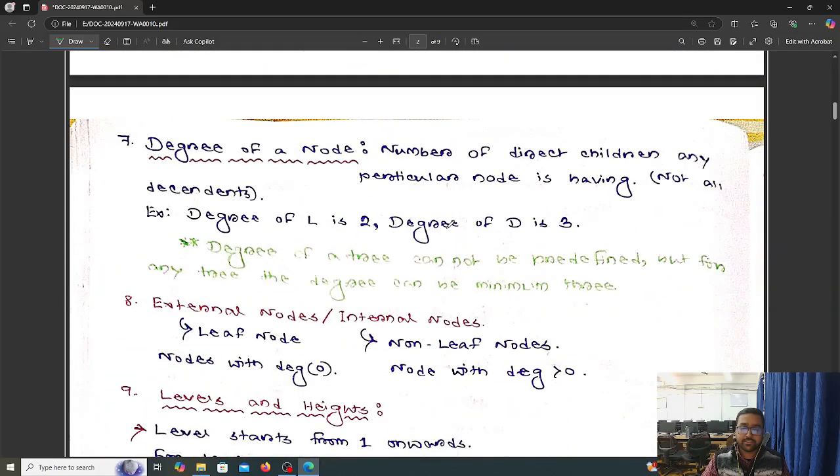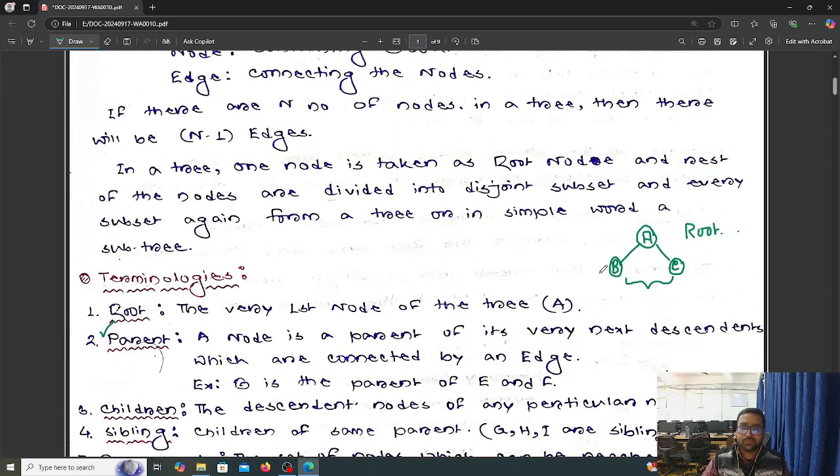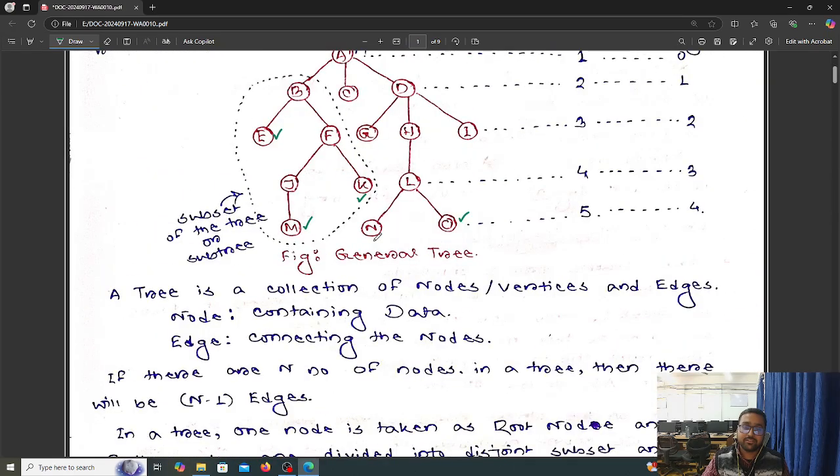Now external and internal nodes. External or internal nodes are also called leaf nodes or non-leaf nodes. Leaf nodes are the last nodes that are not having any children. Suppose in this example, M, E, K, N, O, I, G, they are not having any further children.